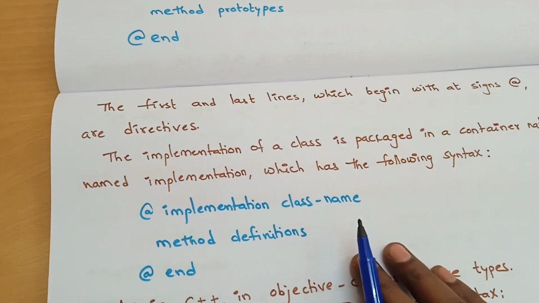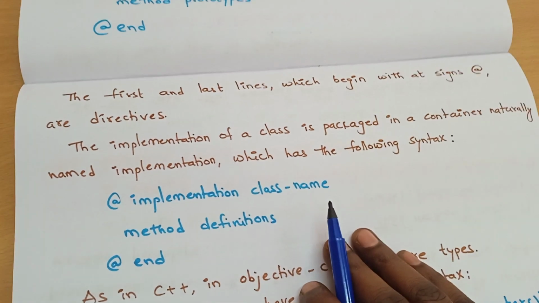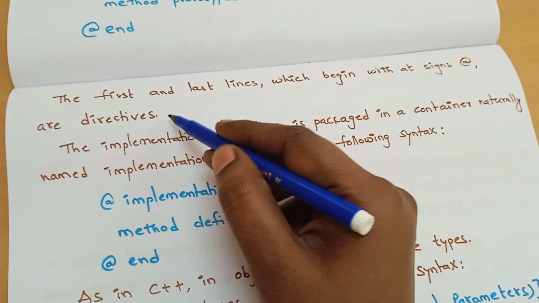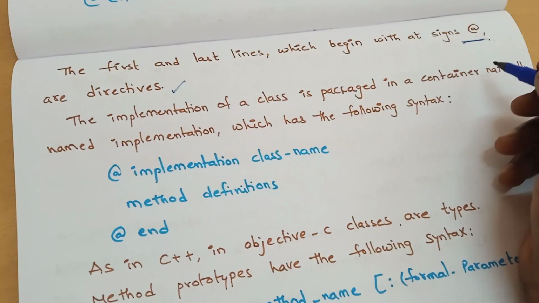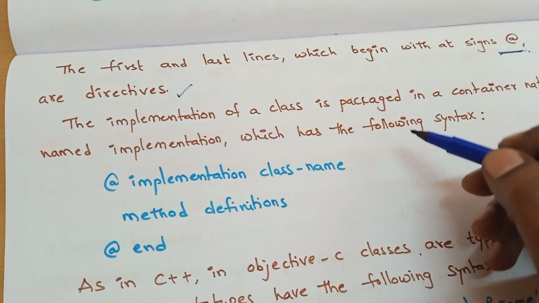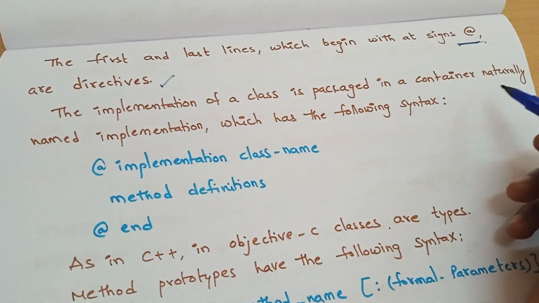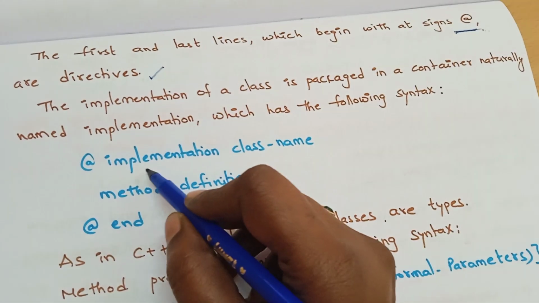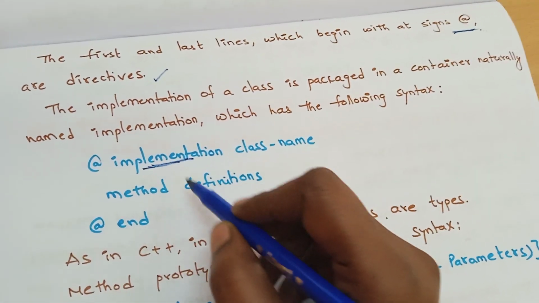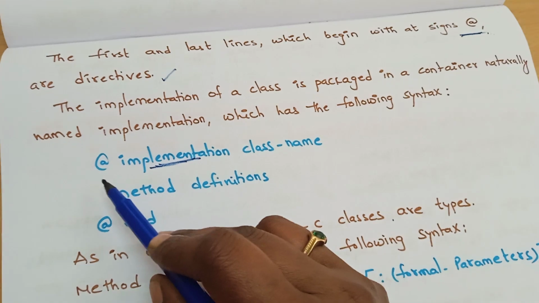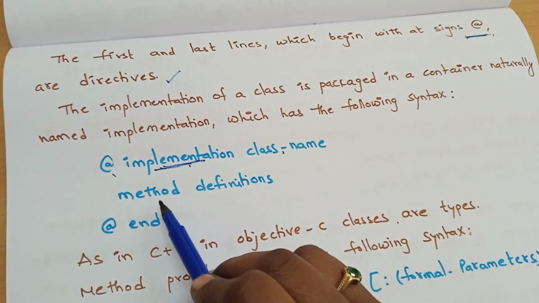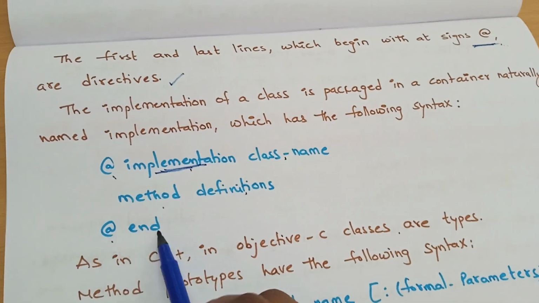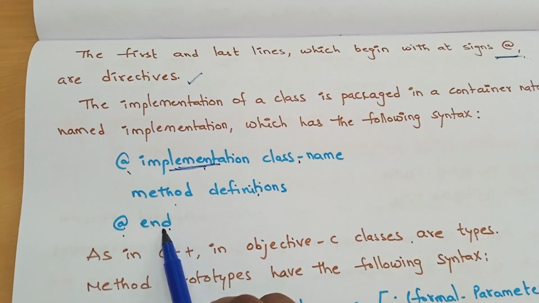The first and last lines, which begin with the at sign, are directives. The implementation of a class is packaged in a container naturally named implementation, which has the following syntax: @implementation, class name, method definitions, and @end.